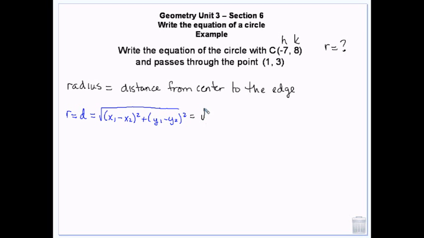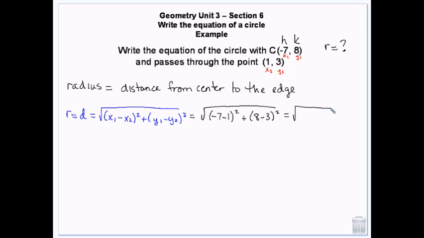Okay, so we've got the square root of, well, do you want to make this x1, y1, and x2, y2? Okay, why not? It doesn't really matter which order, but we do negative 7 minus 1 squared plus 8 minus 3 squared.